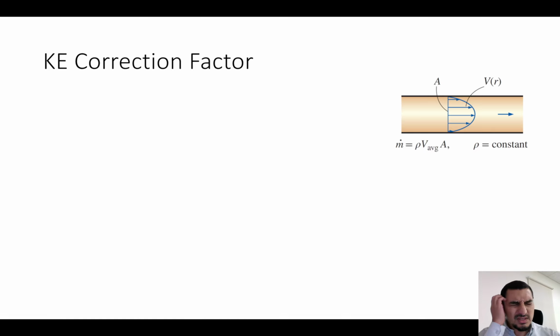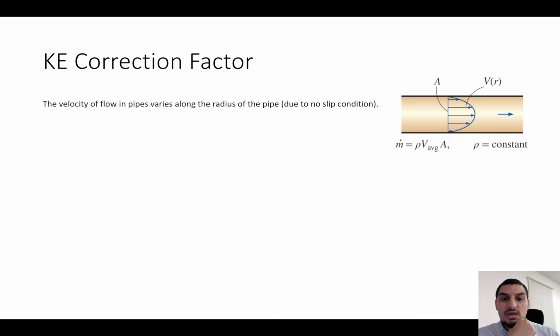And to understand why we need this specifically for kinetic energy, not any other parameter in the energy equation, we need to recall this velocity profile. We discussed it before in the beginning of this chapter, and this is the velocity is 0 at the sides and it's maximum in the center, and this is how it looks like.